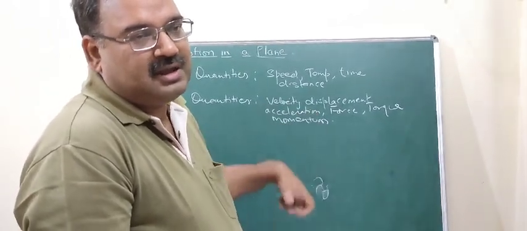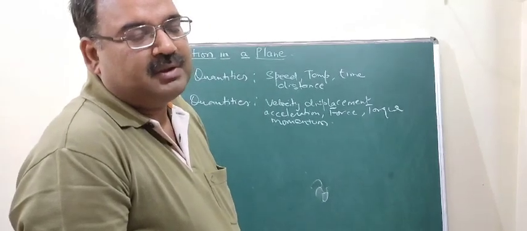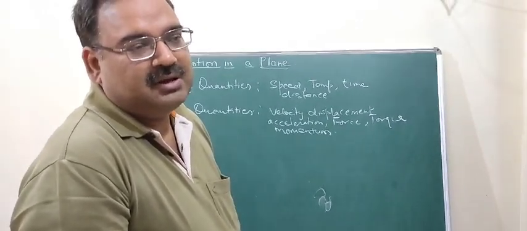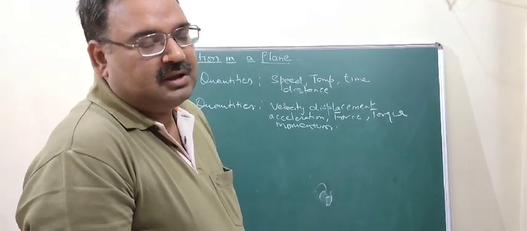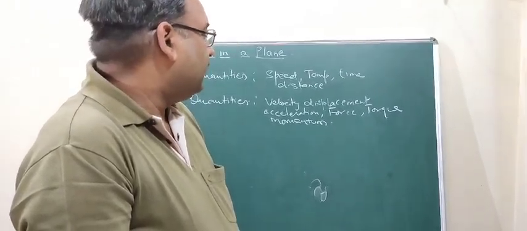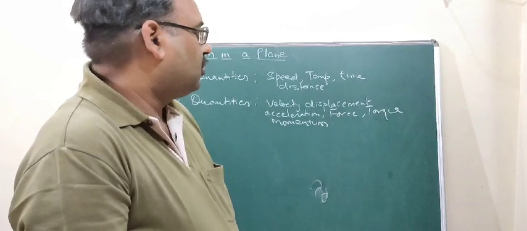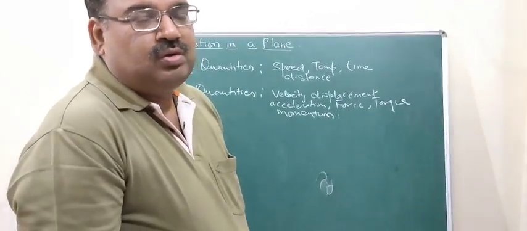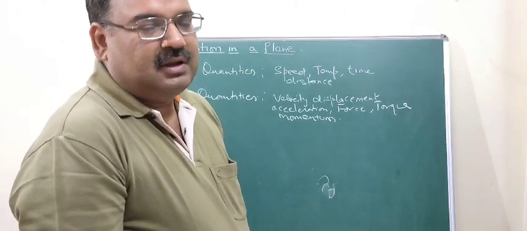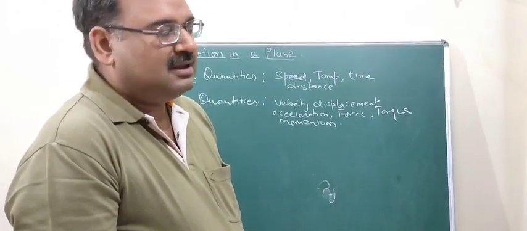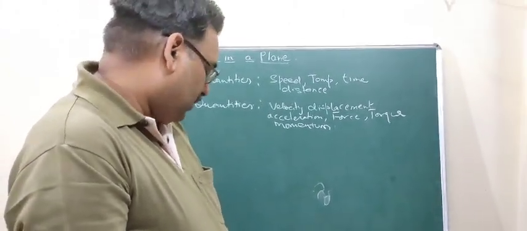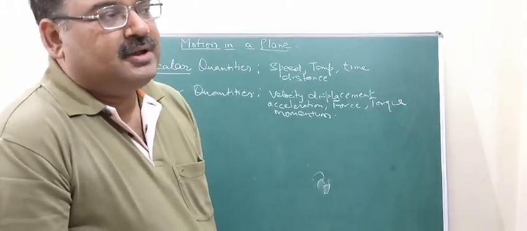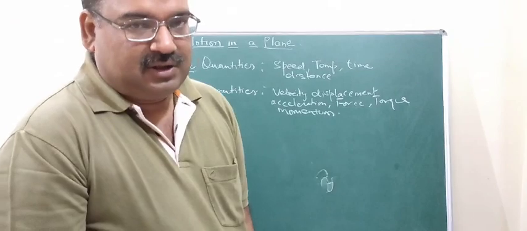Now this direction tells you that it is moving in a particular direction with the velocity of 30 km per hour. So it is a vector quantity. Displacement, acceleration, force, torque, momentum. These are few vector quantities. There are many more. I have given certain examples of vector quantity. So a vector quantity has got both the magnitude as well as the direction.